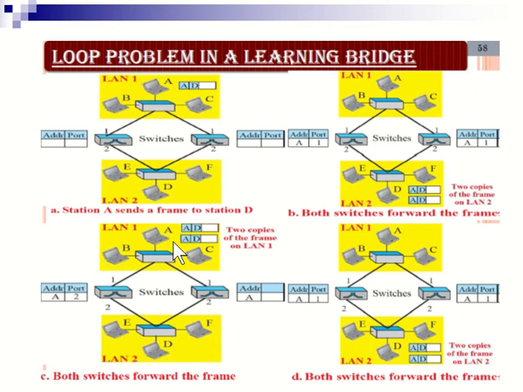Now there are two copies of the frame on LAN 1. So they will be forwarded back to LAN 2 by updating the switching table. Once again the table has been updated and the frame will be sent to LAN 2, and this process will go on continuously, transferring the frame from LAN 1 to LAN 2 and LAN 2 to LAN 1 without reaching the specific destination.